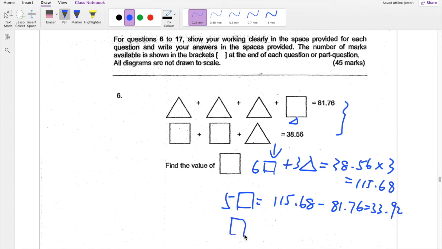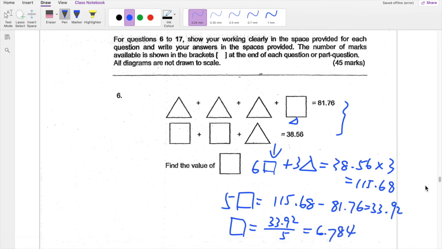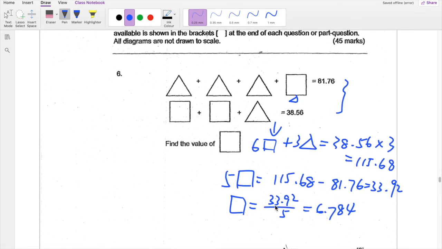Then 1 square equals 33.92 divided by 5, which is 6.784.